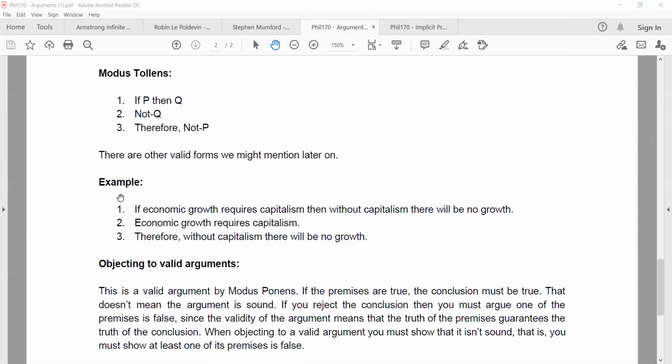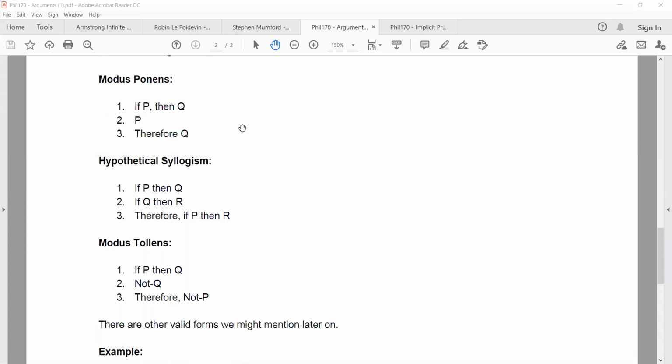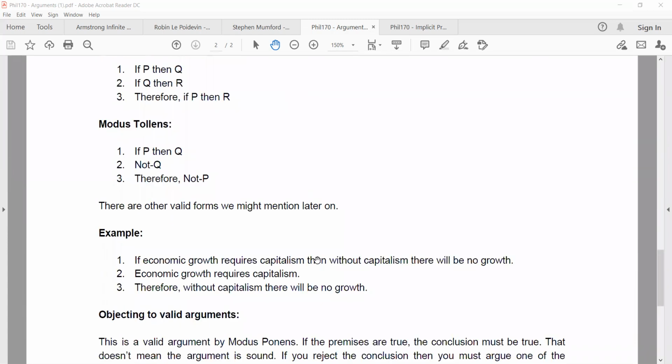Okay, so as I mentioned, this example here is of the form modus ponens. So it's logically valid. That means that if the premises are true, then the conclusion of the argument is also going to be true. That's just unavoidable, given that the argument is logically valid.